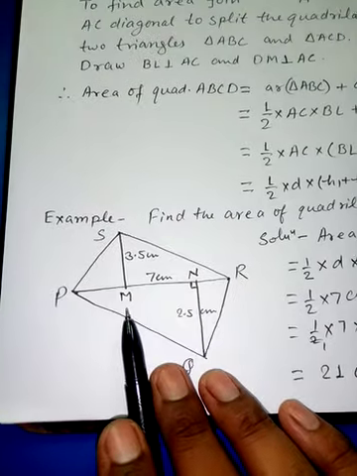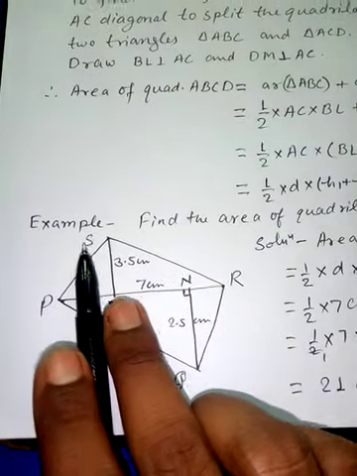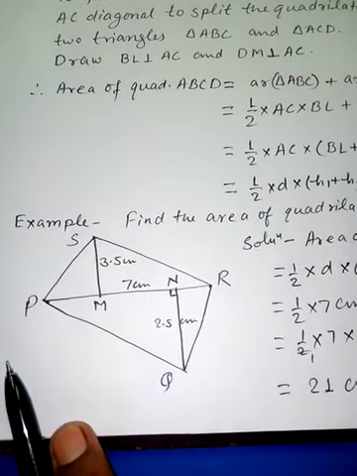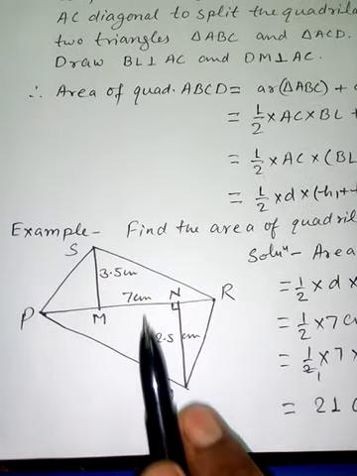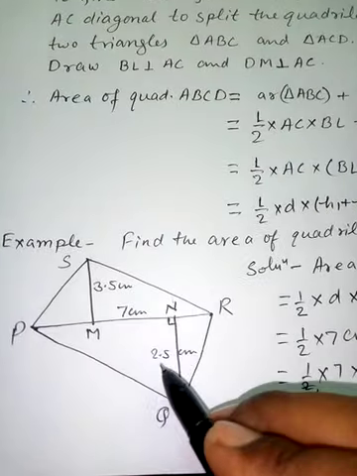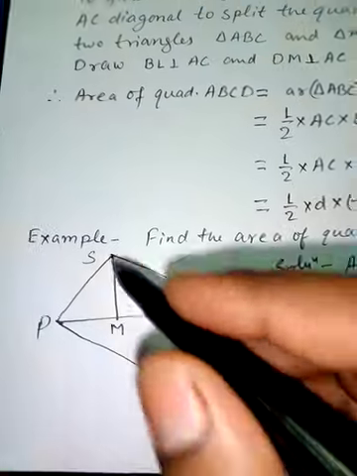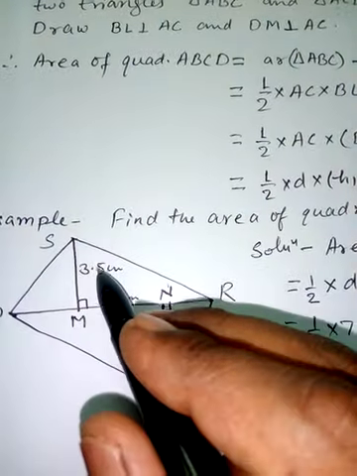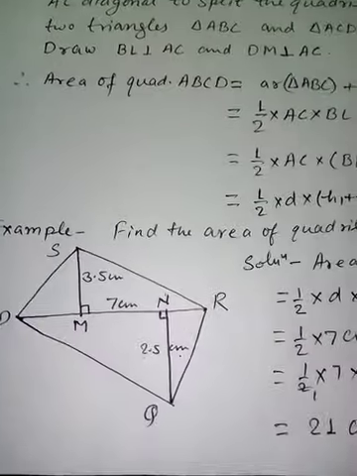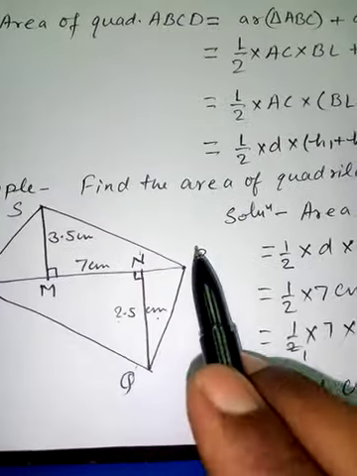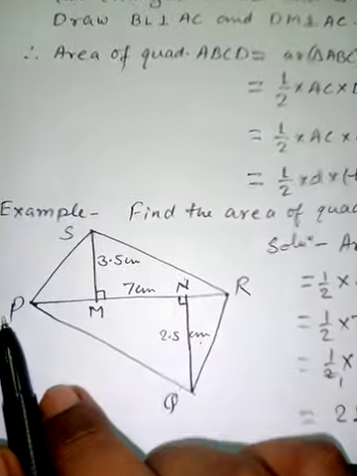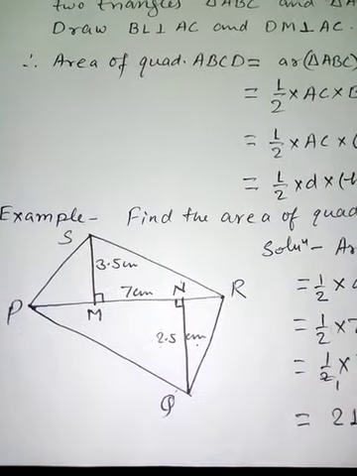By taking this way we have to find out the area of this given quadrilateral PQRS. Here PQRS is a quadrilateral and we have the diagonal PR 7 cm, the perpendicular QM 2.5 cm, and the perpendicular SM 3.5 cm, and we have to find out the area. So we find the area of triangle PQR and triangle SPR and add.